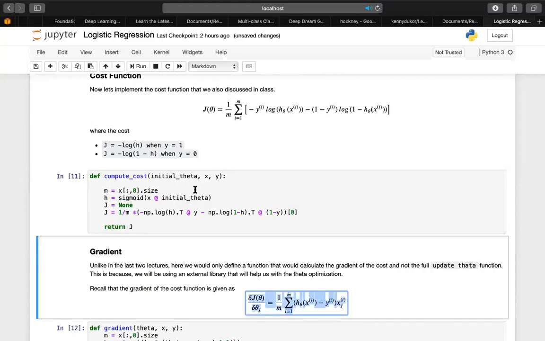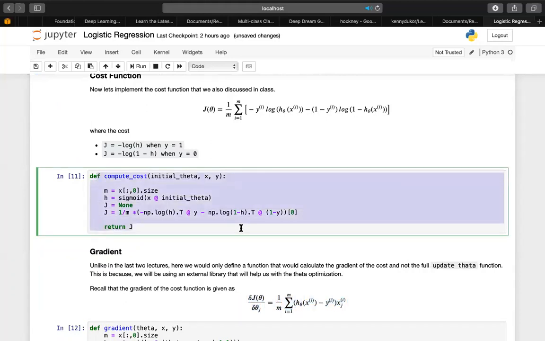So computing the cost is just what we have here. This function computes the cost. It takes in the initial values of theta, the x values and the y values. Of course, we know the value of m, the number of data points. We can derive that from the x value or even the y value using the dot size.